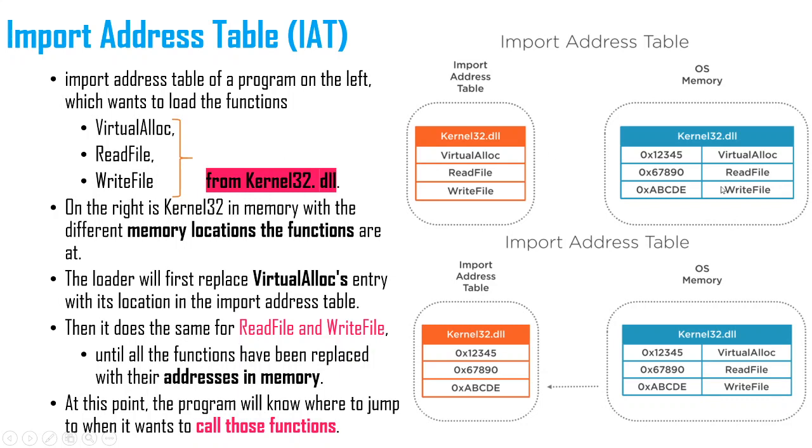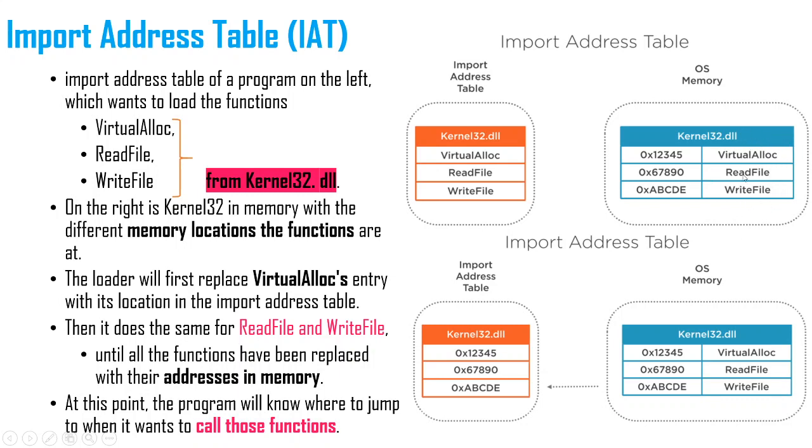On the right-hand side is kernel32 in memory, with the different memory locations where the functions are. This is the DLL file present in the operating system of the victim system, and it consists of different functions.